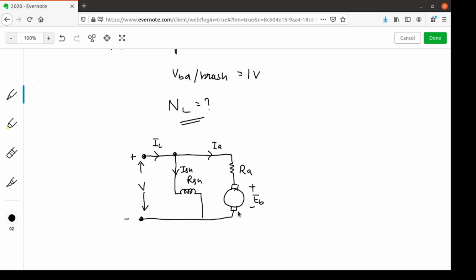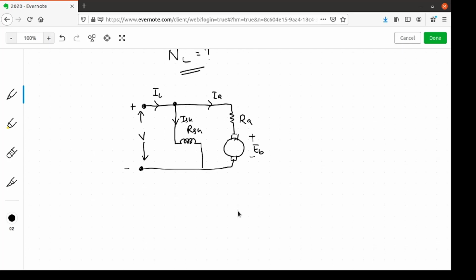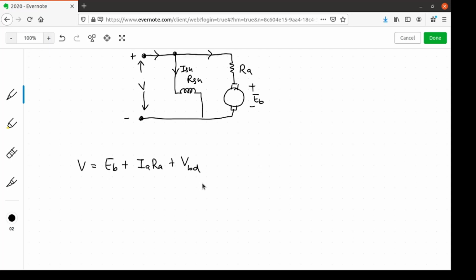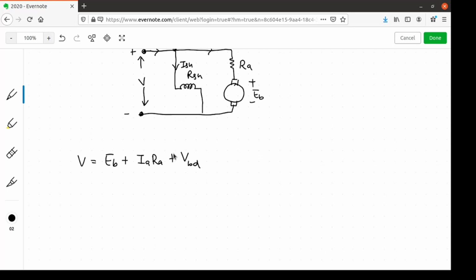Now we have to find the back EMFs under both the conditions. So we'll write the KVL for the system. V equals EB plus IARA plus VBD, and we'll substitute all the given quantities. V is 250. We have to find EB.